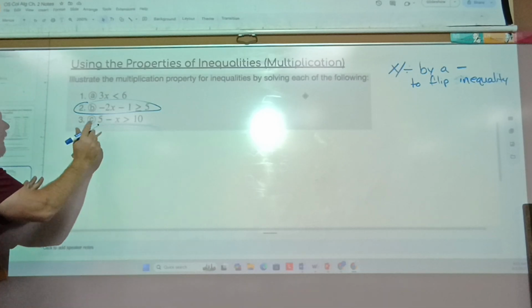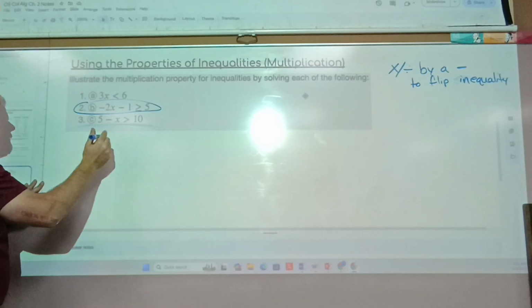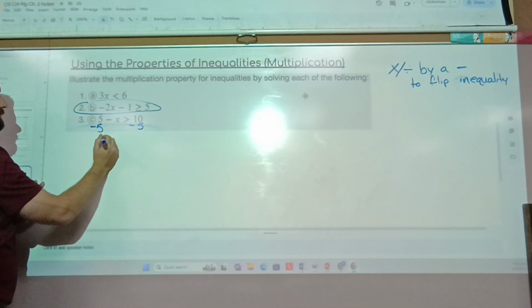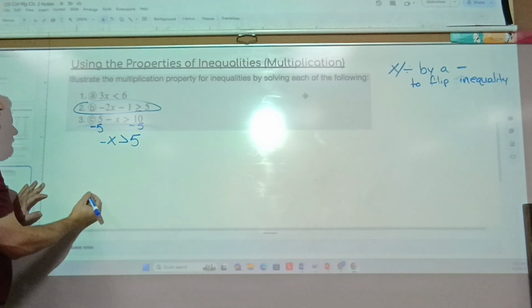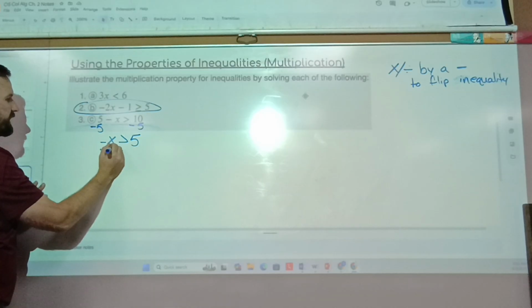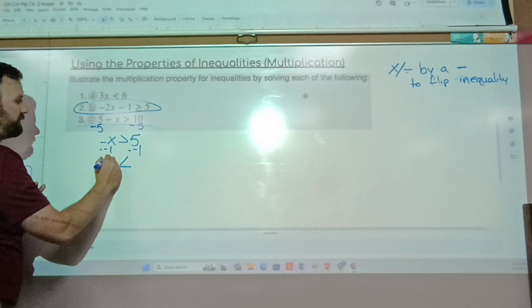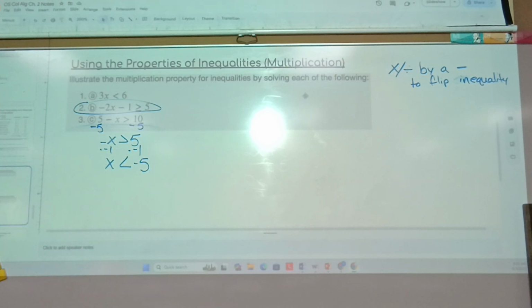But I'm going to do 3 the other way, just so you can see it once. So I'm going to subtract my 5 over. I get negative x is greater than 5. Multiply both sides by negative 1. Because that's a negative, I flip it. So again, it's one more step to do it that way, but there's one less rule to remember.